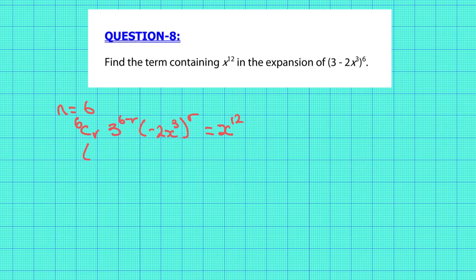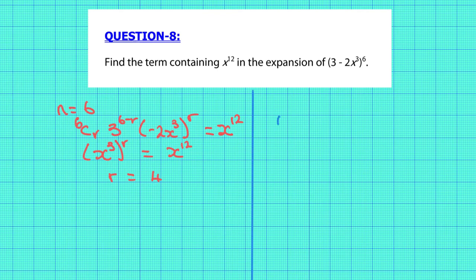So x cubed raised to the power of r is equal to x to the power of 12, giving r is equal to 4. We can now substitute r equals 4 to find the coefficient of x to the power of 12.